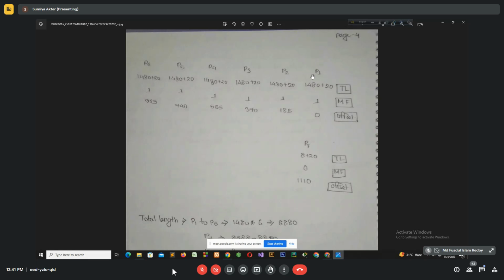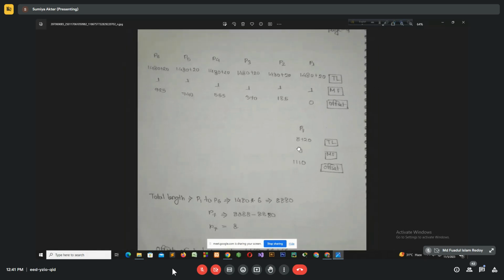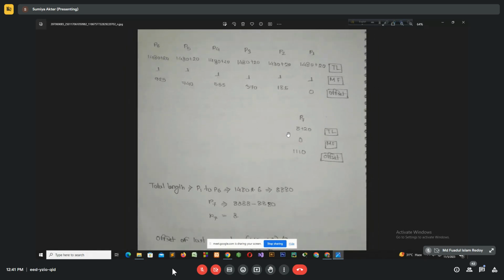This is one fragment. Then again we will send this amount of data. After sending this P1, we will send this amount of data. By doing this, we will send all of them, right? Yes, Apu. One by one, when we send the data, the only data left will be 8.